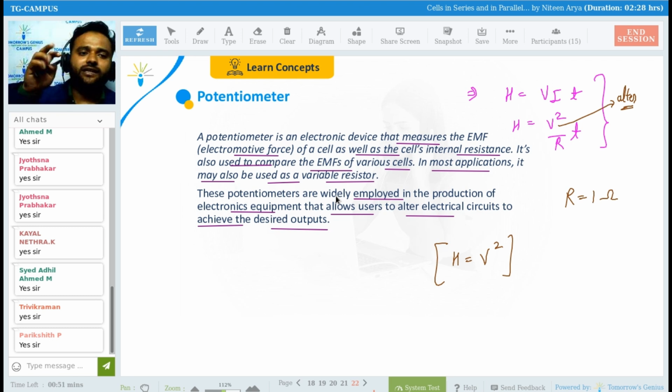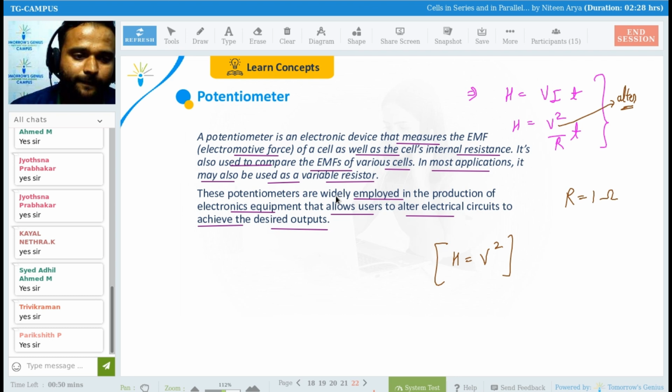In modern electrical irons, the plastic one, we have a knob that tells you where to put it to iron your woolen clothes, linen clothes, or summer clothes. That knob is altering the potential according to your wish, and according to that potential difference your heat is altered, and you iron your clothes according to that type of cloth.